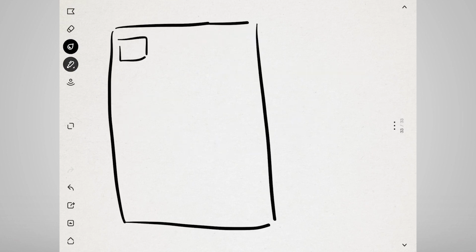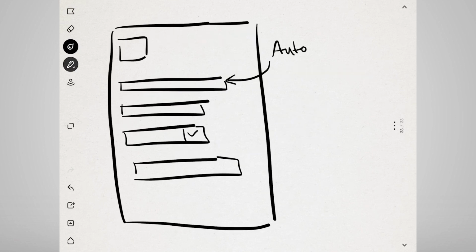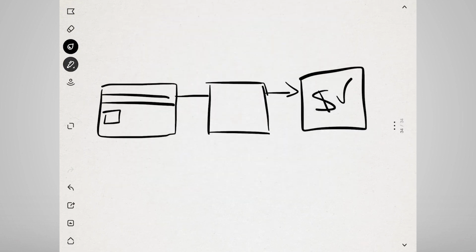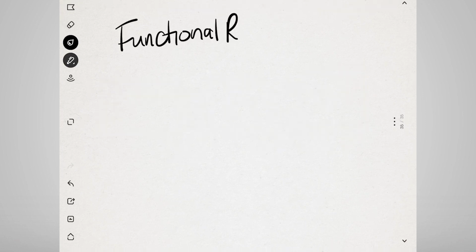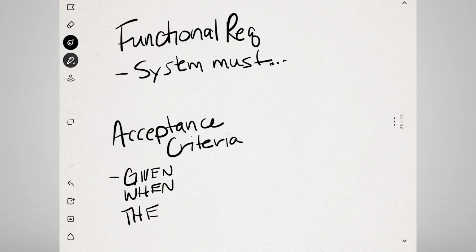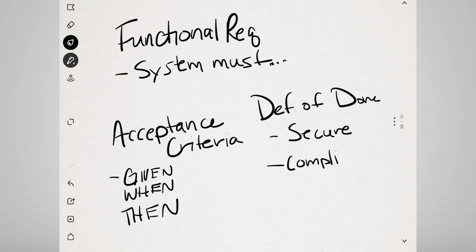They can be interface related, like auto-populating fields or enforcing input types, or non-functional, like payment data must be transferred via encrypted pathways. Depending on where you are, how these things are termed might be different. They can be functional requirements. They might exist in the acceptance criteria of a user story. They might exist in the definition of done, or they might be organized as separate non-functional requirements.